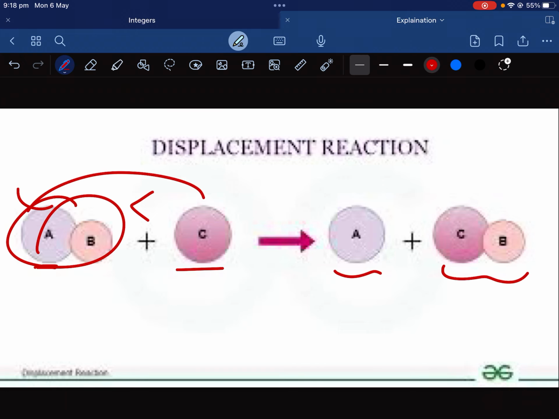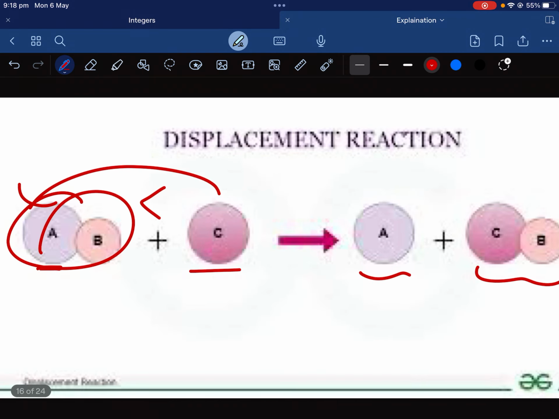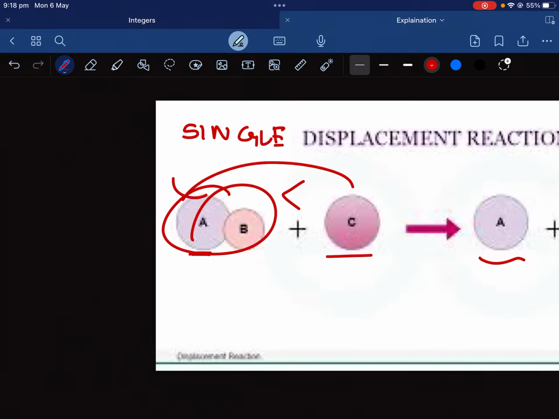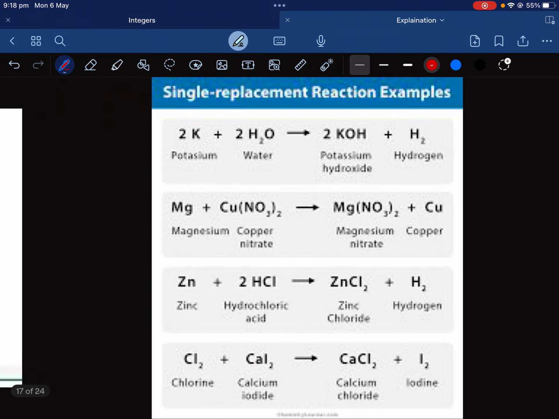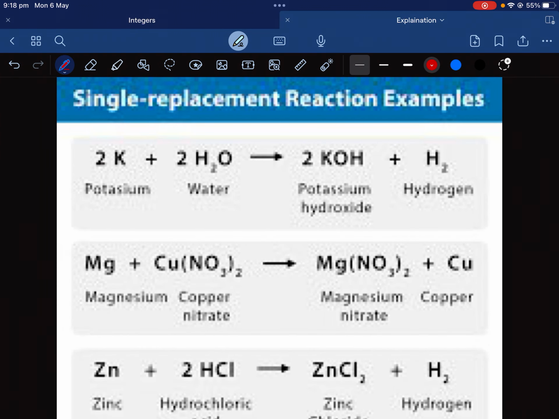C displaces A. Thus this is displacement reaction. It is also referred to as single displacement reaction. Okay. Next we have an example.